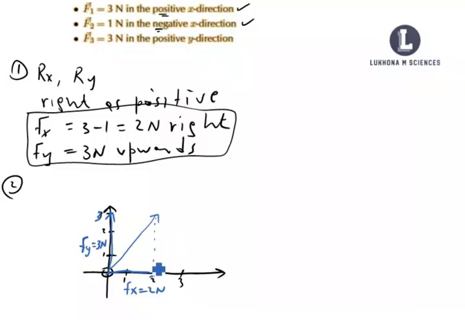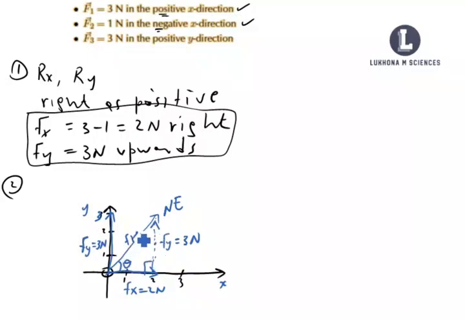So we have this one. The angle is above the x-axis, because these are the x-axis and these are the y-axis. The angle is above, which means this one is north of what? Of east. These are the dotted lines. This is our Fy, which is equal to 3 newtons up. Then this line represents F-res.